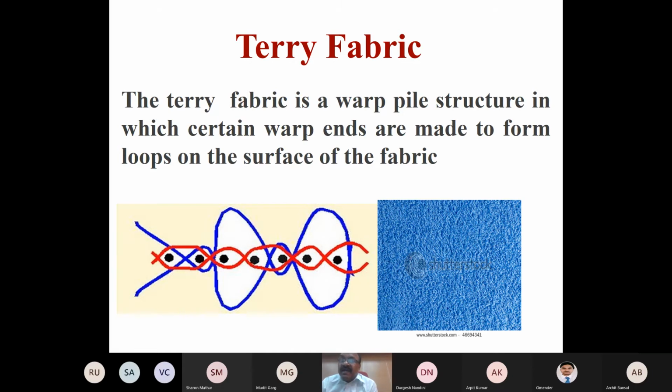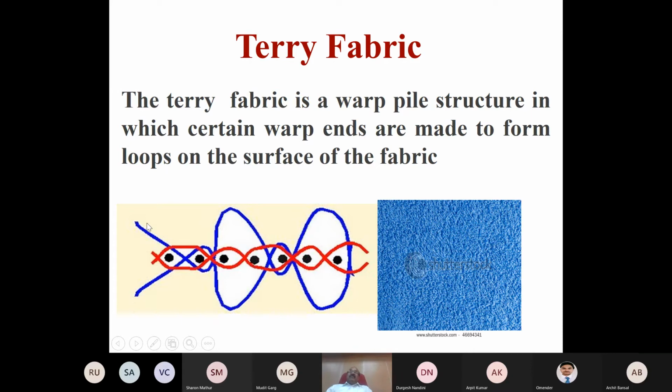If you take a magnified view, you will find certain threads, here blue threads, are responsible for making the loop on the surface, that is pile, and certain threads which are used inside are called ground weave. Both these pile threads and ground threads, blue color and red color, are woven with or interlaced with weft yarn. The dots are weft yarn.